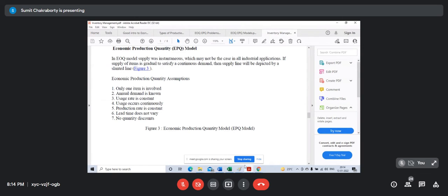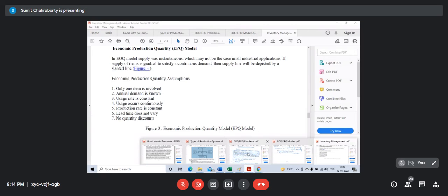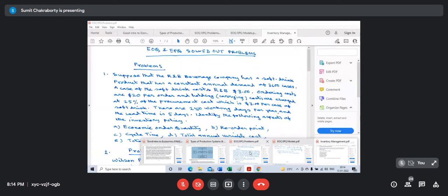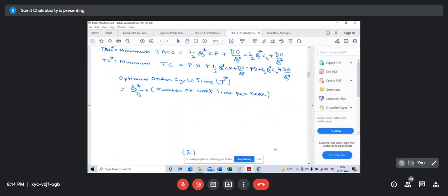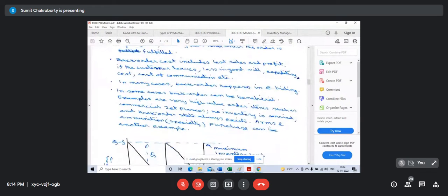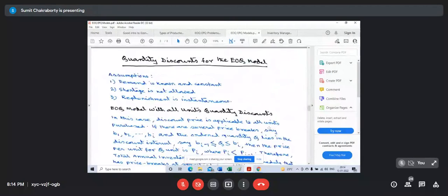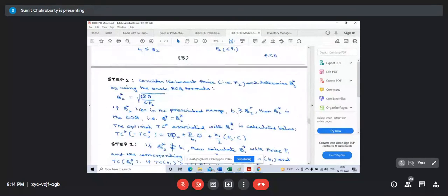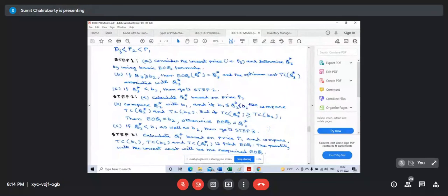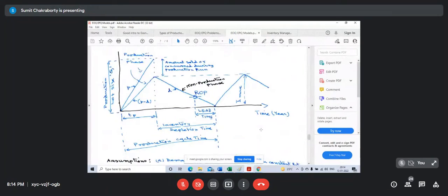Okay. So the diagram is better in my handwritten note there. Last 2 pages. So these models are not included in between. The first model, simple EOQ, and the last two.